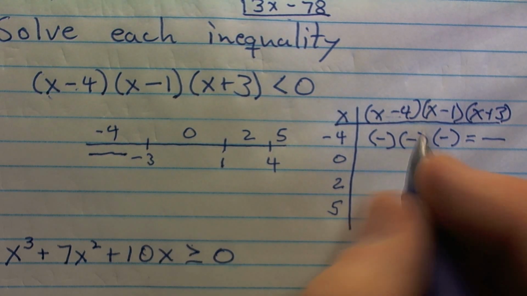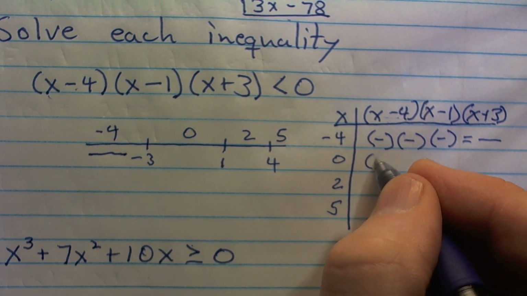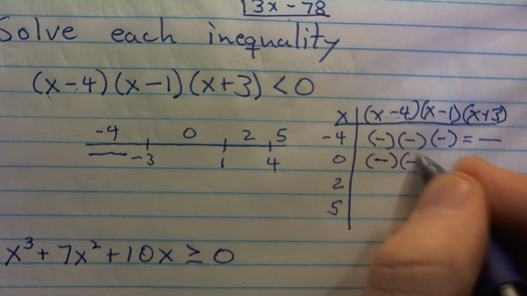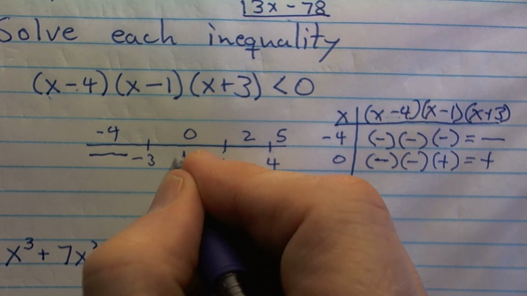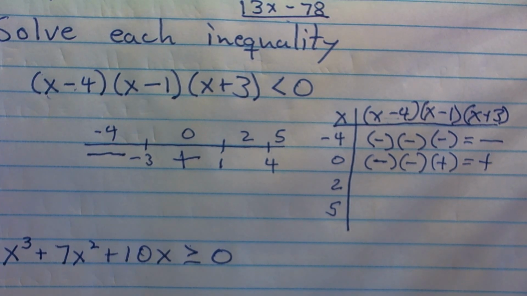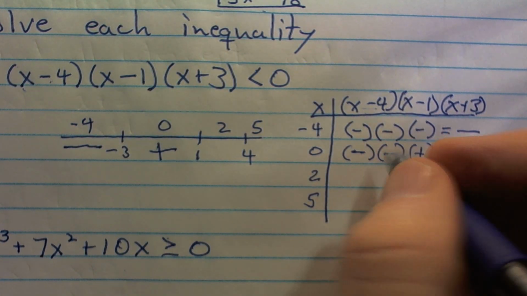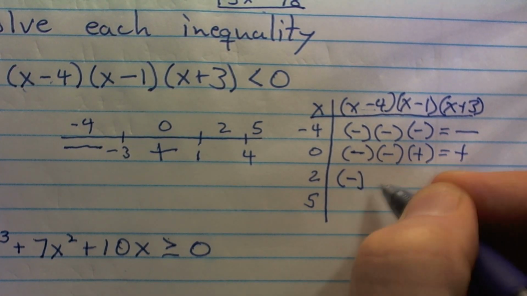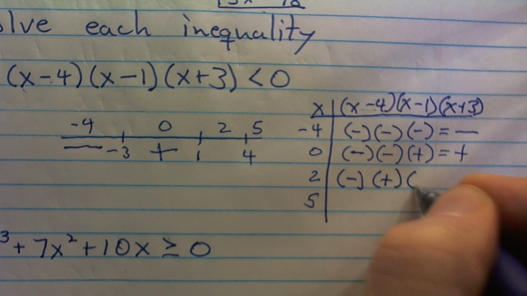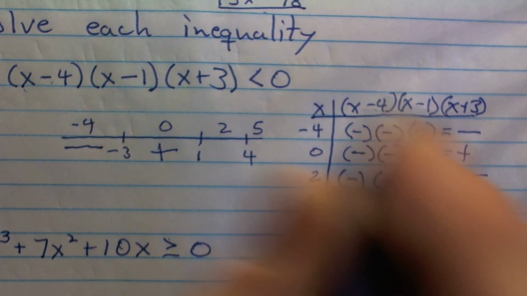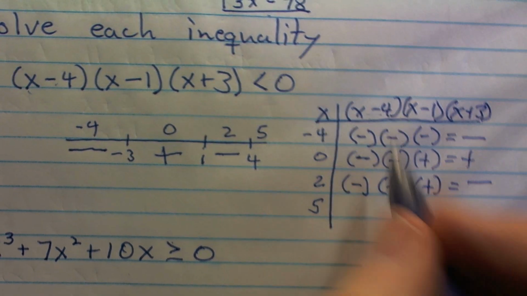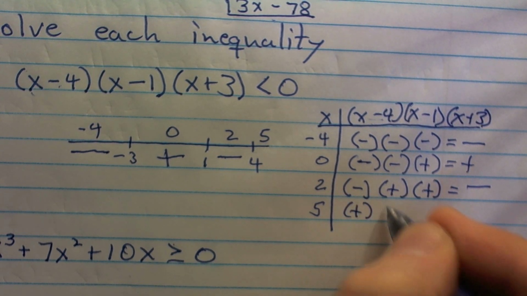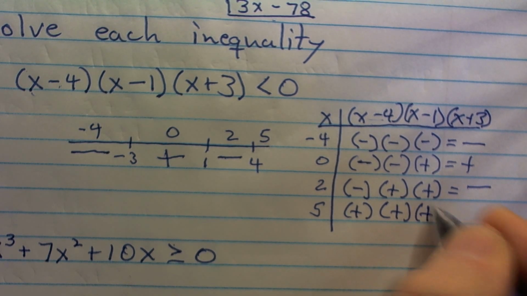Now I'm going to put in a 0. So I get a negative, and a positive. Two negatives make a positive. So it's above the x-axis there. It's positive. Then I put in a 2, and I get a negative, a positive, and a positive, which gives me a negative. And then I put in a 5, and I get positives across the board.